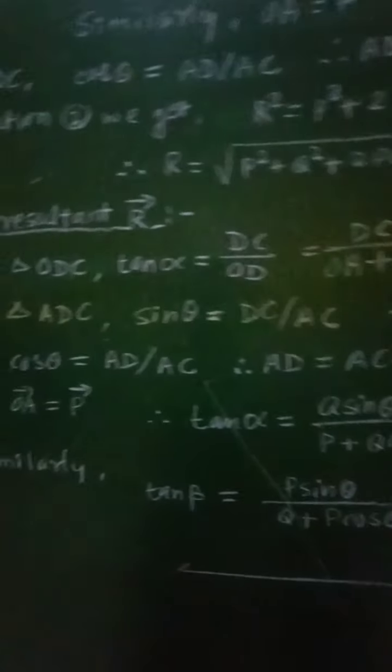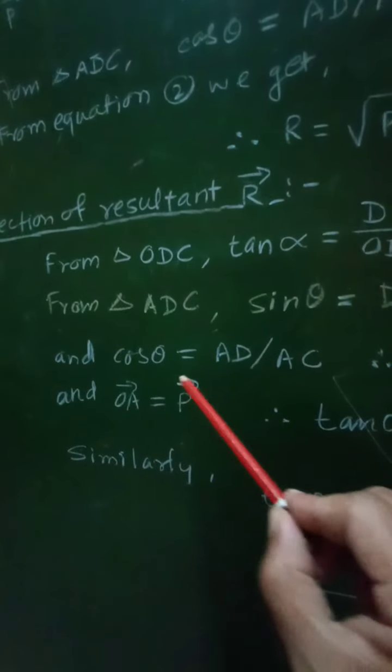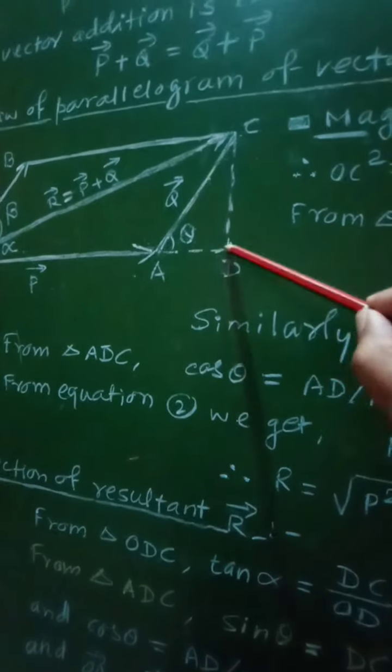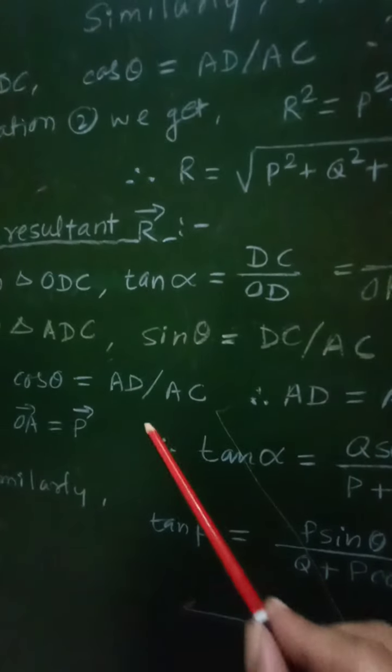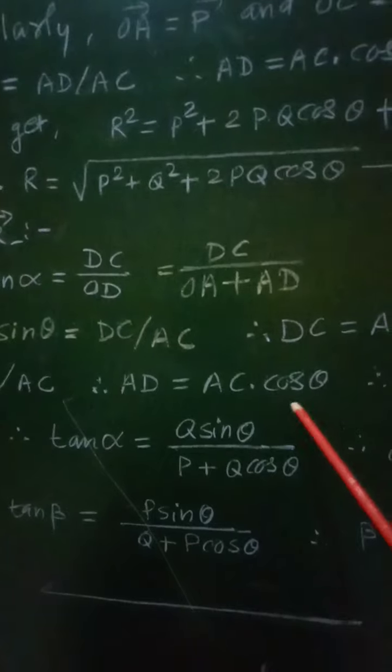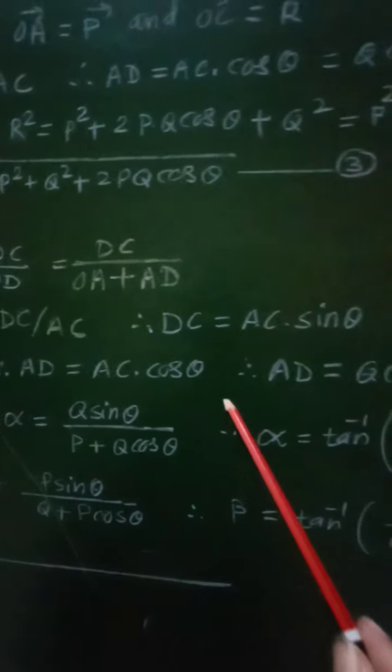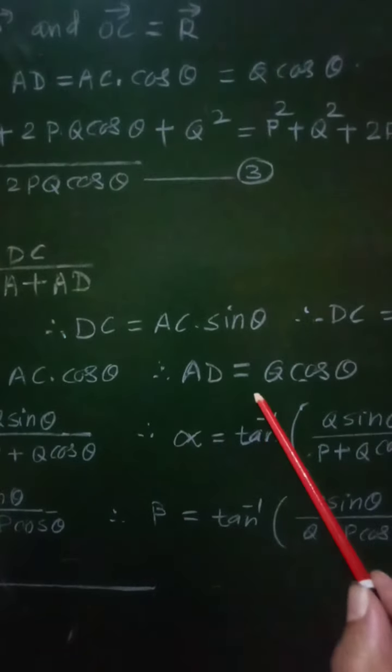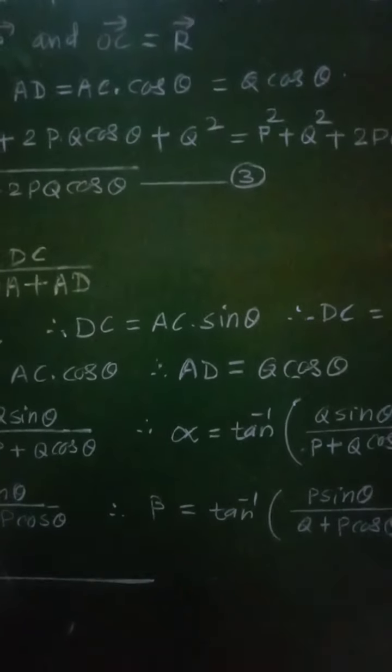From this triangle again, cos theta will be equal to AD upon AC, and therefore AD will be equal to AC cos theta. But again AC is Q, and therefore AD will be equal to Q cos theta.